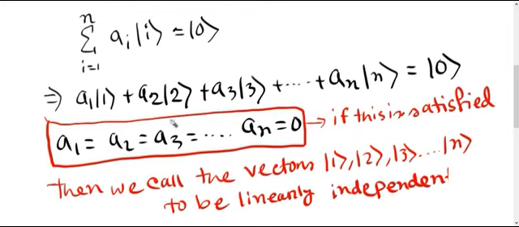Because if there is a non-trivial combination that gives rise to this null vector, we call them linearly dependent.